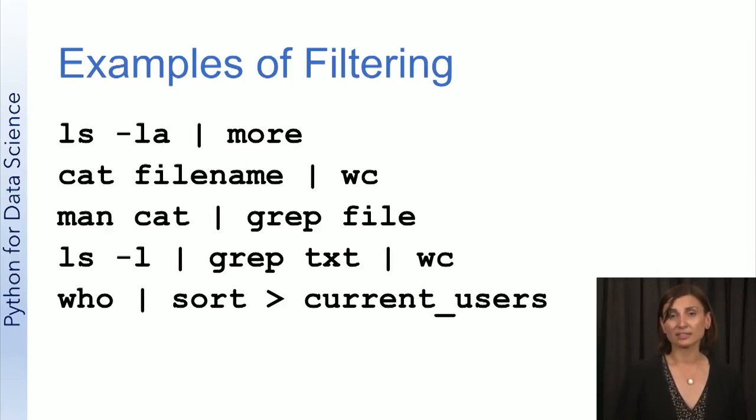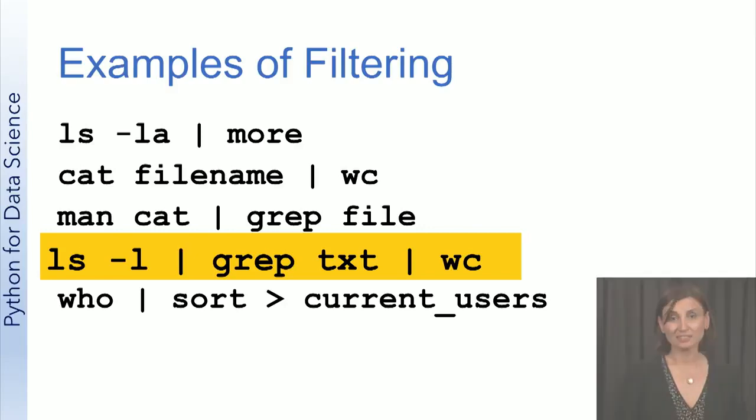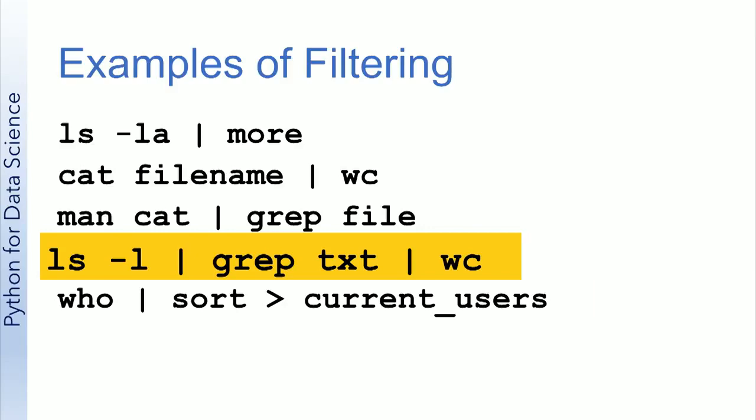An interesting thing is you can string together multiple pipes just like we've done on that fourth line and create a small script. So these double pipes here were used for that purpose. In the next video, we'll execute some of these pipes and filters and explore some data sets using these commands.